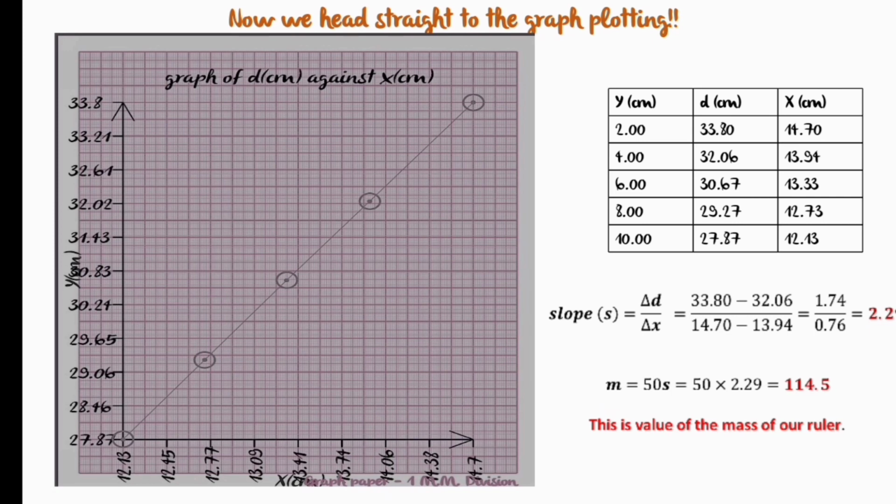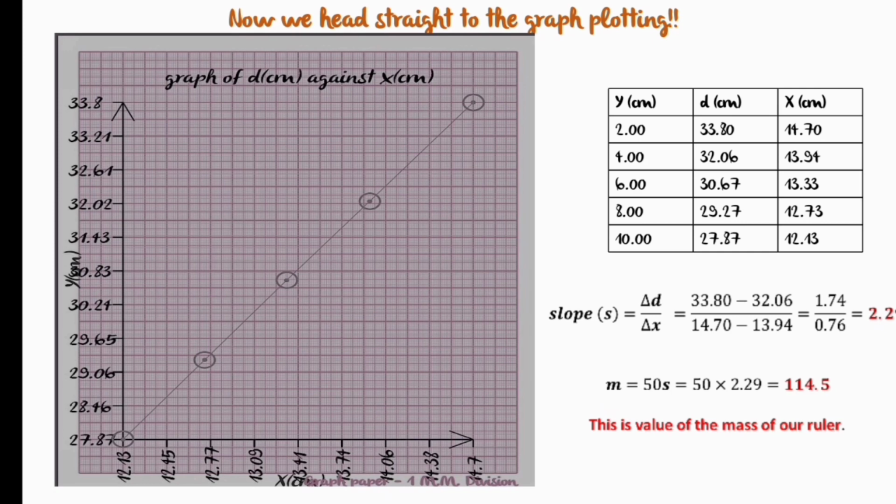Then we look for the slope. Now the slope of the graph, from our table of values, we can choose 2 points. Remember, slope is calculated by change in the vertical axis over change in the horizontal axis.